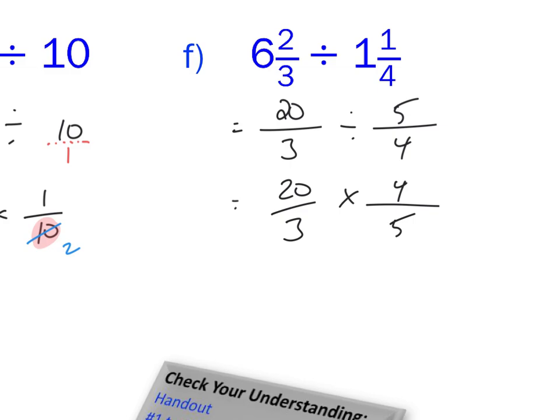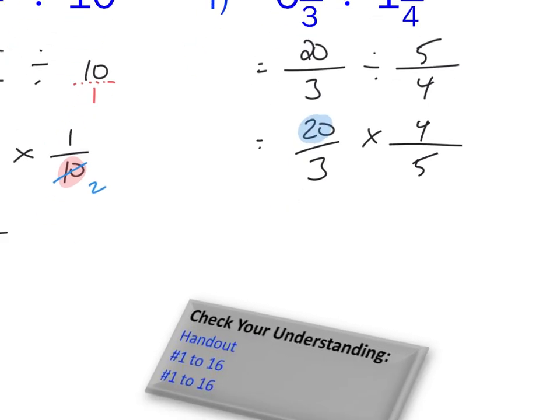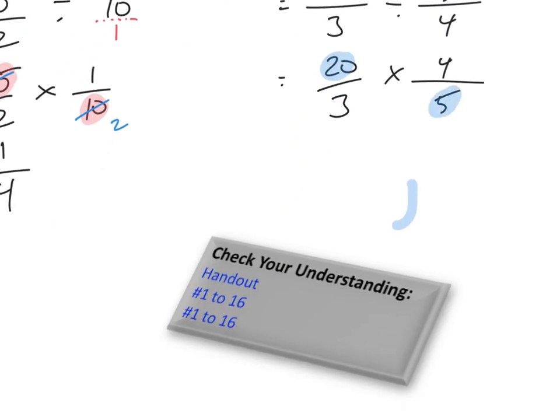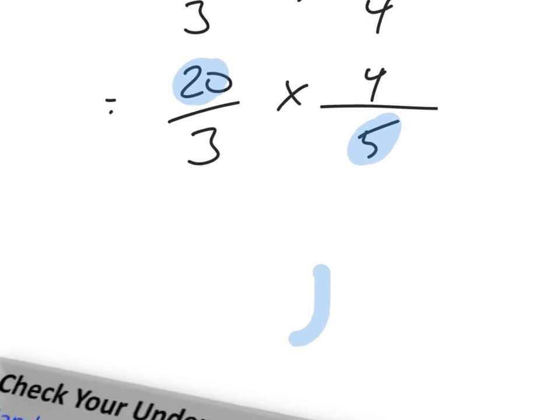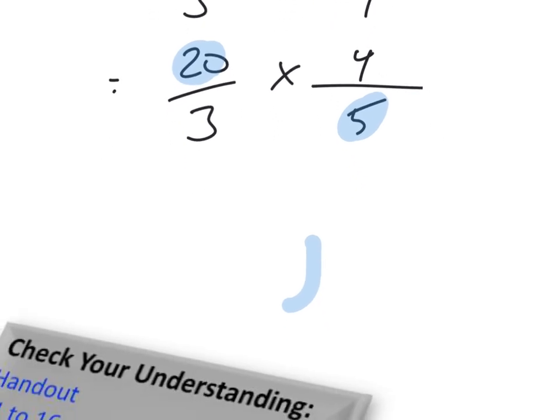What are you going to do next, Janae? Simplify 20 and 5. Great. So you're going to take a page out of Donna's book. You're going to simplify the 20 and the 5, and divide them both by what? 5. Super. If you divide them both by 5, what does the 20 become? 4. And what does the 5 become? 1. Cool.